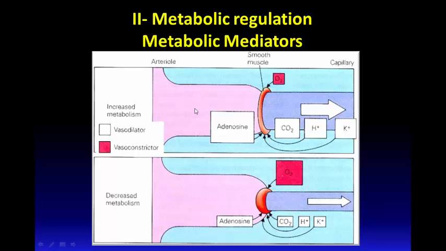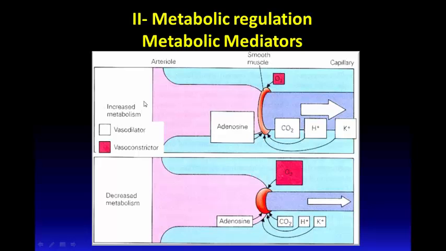This figure summarizes the metabolic autoregulation of tissue blood flow and the effects of the different metabolic mediators. Here we have, this is an arteriole, and this is a capillary, and this represents the smooth muscle cells which we have in the wall of the arterioles and precapillary sphincters.